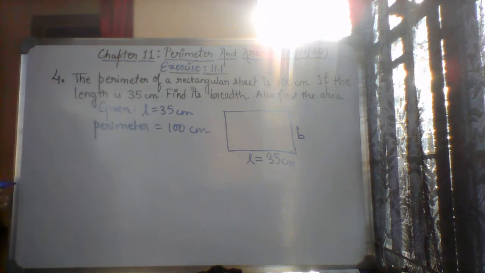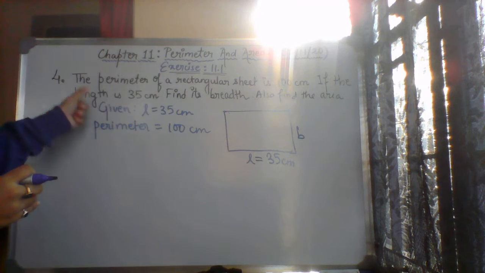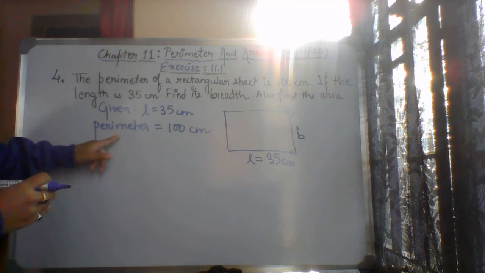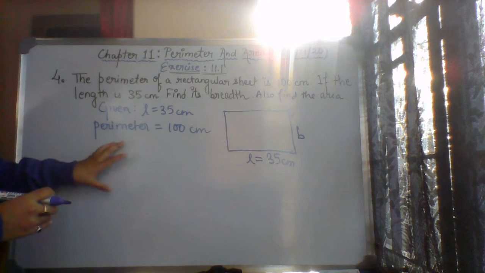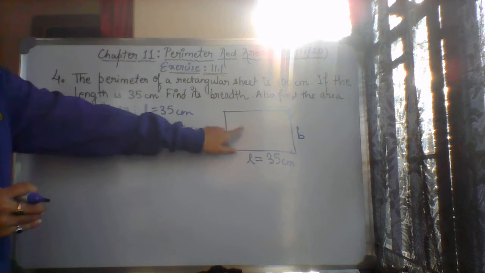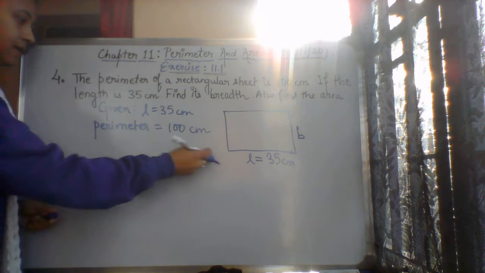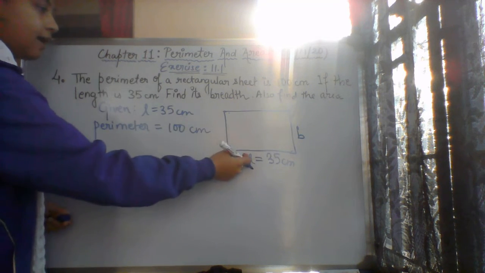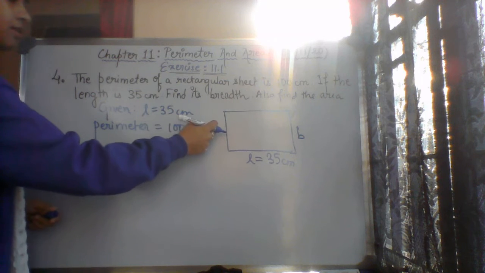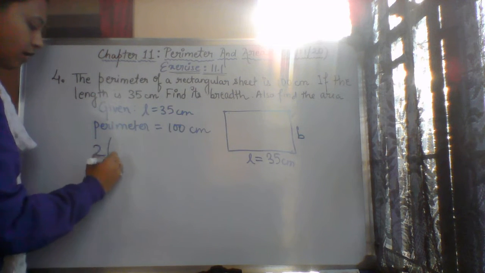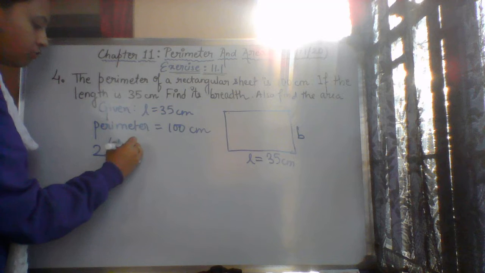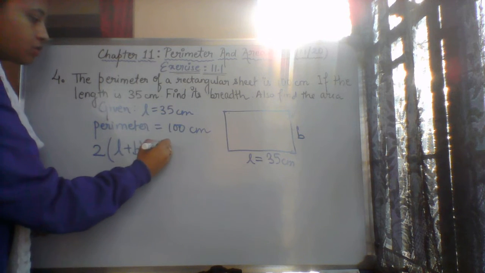Whenever you see this type of question, you just put the formula for perimeter below that. What is the formula for perimeter of a rectangle? Sum of all the sides, length plus breadth plus length plus breadth, which equals, as we have already derived, twice of length plus breadth equals 100 centimeter.